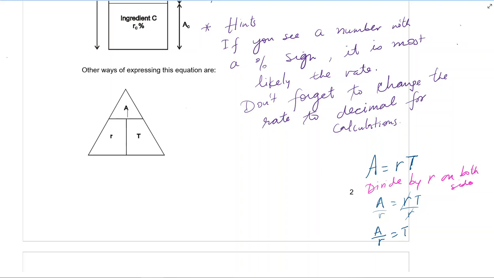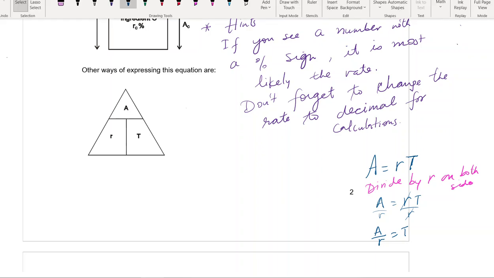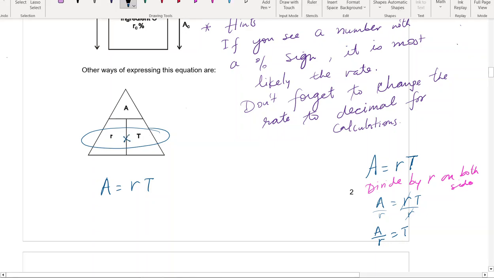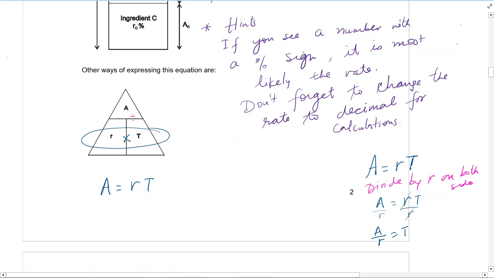And then if you want a formula for A, you're not going to highlight A, you're going to look at the other two. Then the formula becomes A equals R T. And the things that are on the same level have multiplication in between. And if one thing is on the top and the other thing is on the bottom, then they have division in between.